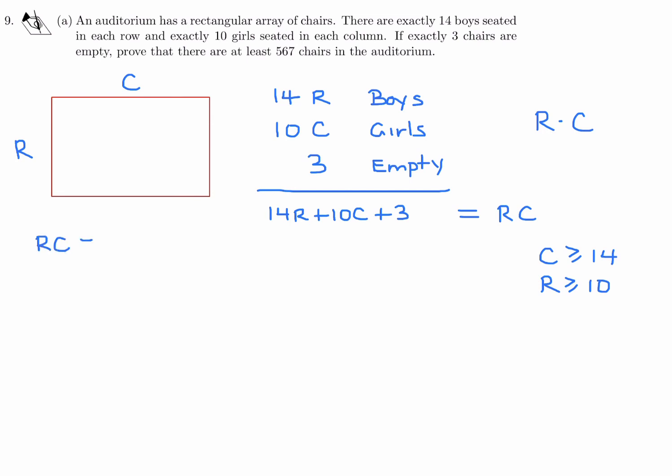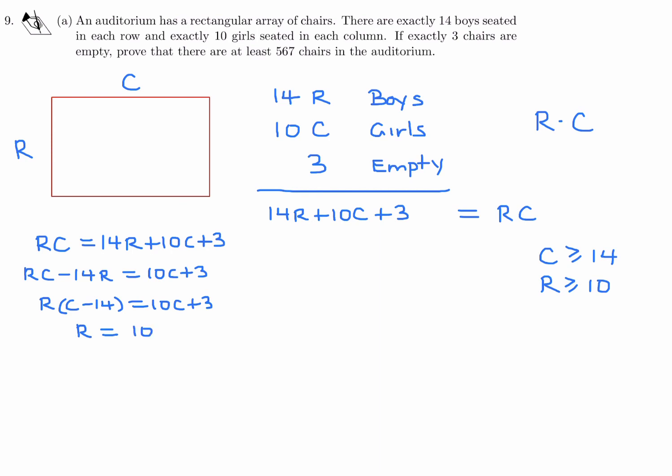RC is equal to 14R plus 10C plus 3. Okay, rearrange this, bring our 14R over, and if you do, you get 14R on this side, 10C plus 3 on that side. Factor out an R, and you get C minus 14. And I can now put that in the denominator like this, 10C plus 3 over C minus 14.